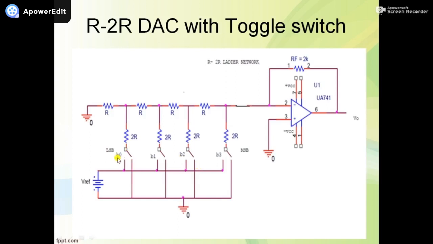In this case we are considering the digital input signal in the form of 4 bits B0, B1, B2 and B3, where B0 is the least significant bit and B3 is the most significant bit.